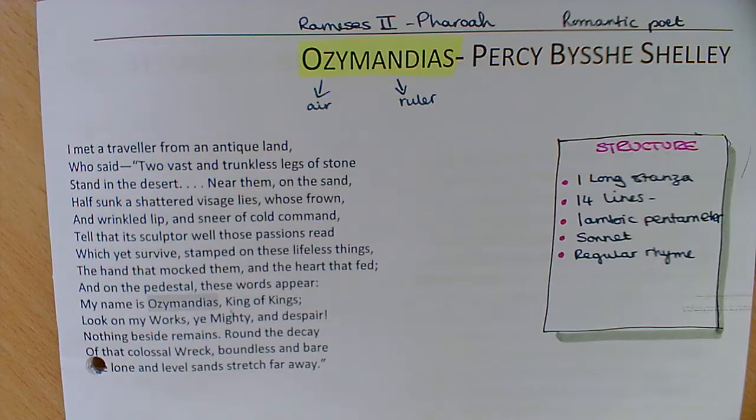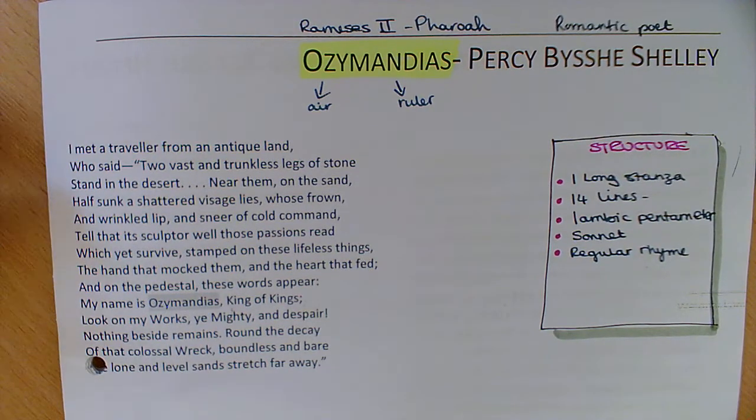So if we read the poem through: I met a traveller from an antique land who said, two vast and trunkless legs of stone stand in the desert. Near them on the sand, half sunk, a shattered visage lies, whose frown and wrinkled lip and sneer of cold command tell that its sculptor well those passions read, which yet survive, stamped on these lifeless things, the hand that mocked them and the heart that fed.